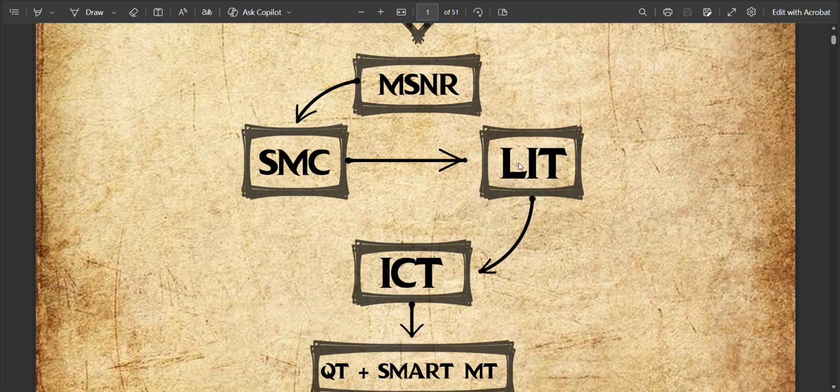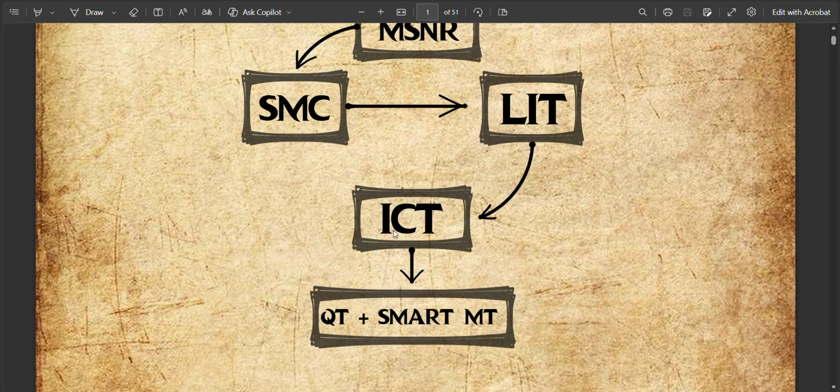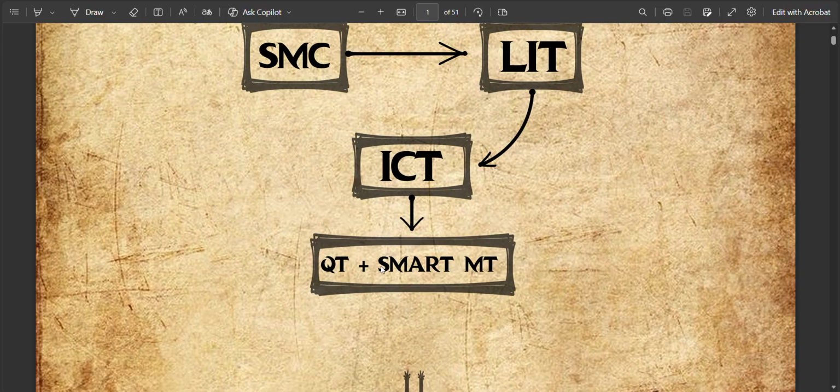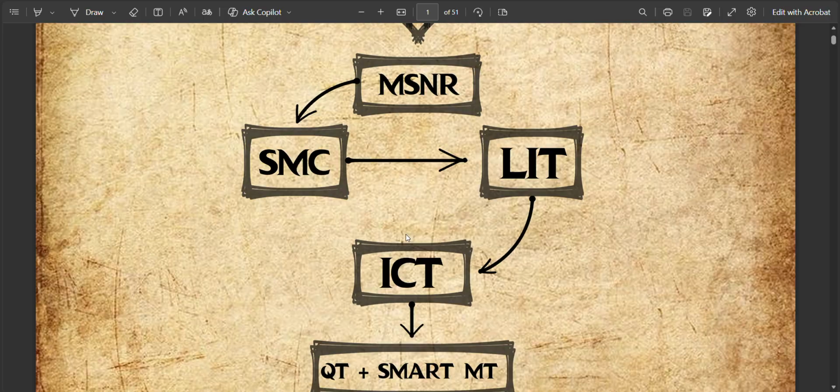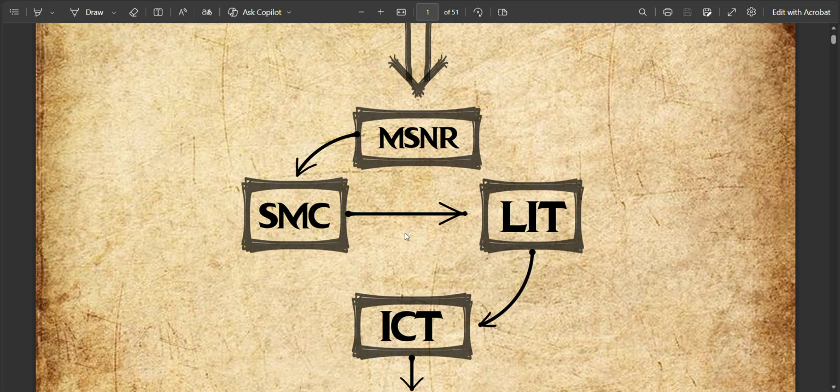Liquidity will also be there, and ICT will be inside. And also we will combine QT and SMT. So these are all the things that you are going to learn. Make sure you watch this video to the end so you can understand each and every point together.